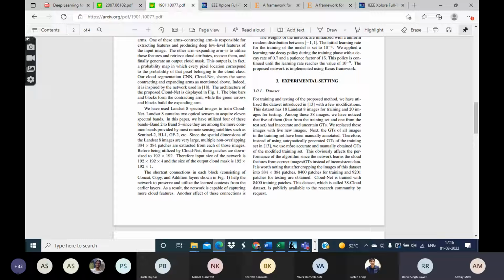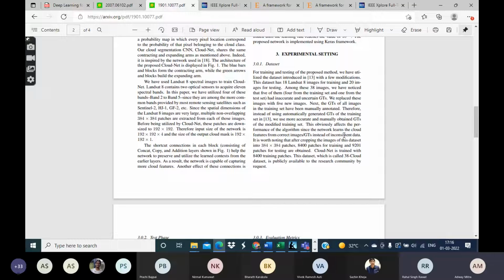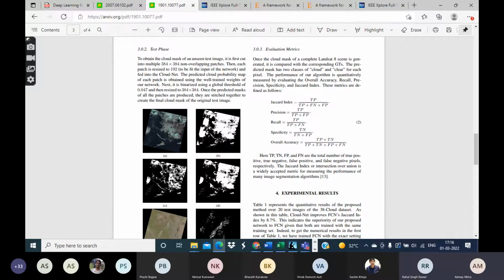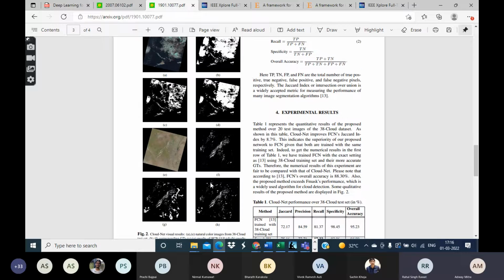Therefore, instead of using automatically generated GTs of different training sets, we use more accurate and manually obtained ground truths. This obviously affects the performance of the algorithm, since the network learns the cloud features from correct images instead of inconsistent ones.